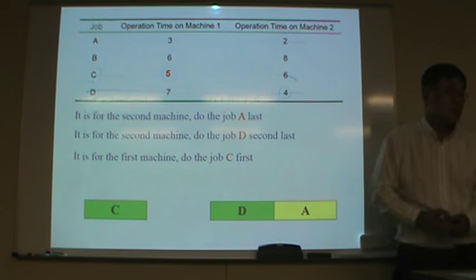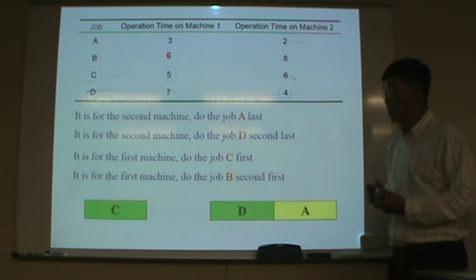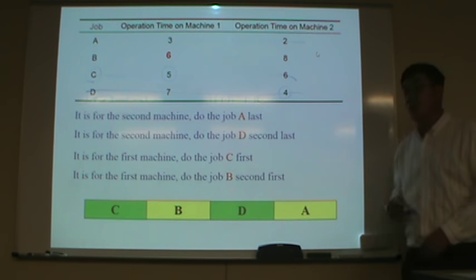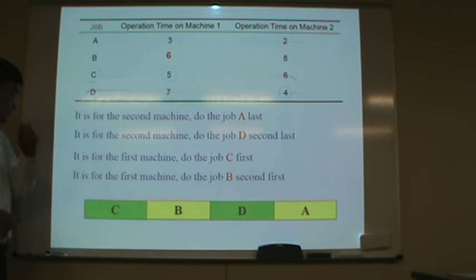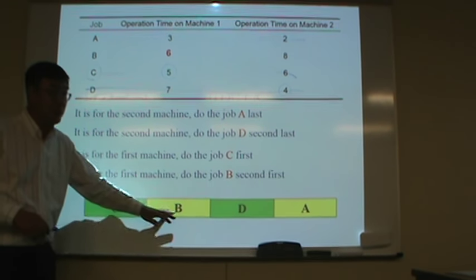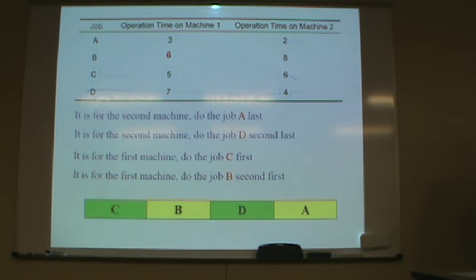Then B is last. It doesn't matter, but anyway, 6 is shortest. So it is the first machine, first, right? So job sequencing or job order using Johnson's rule, C, B, D, A. So C first, B second, D third, A last.